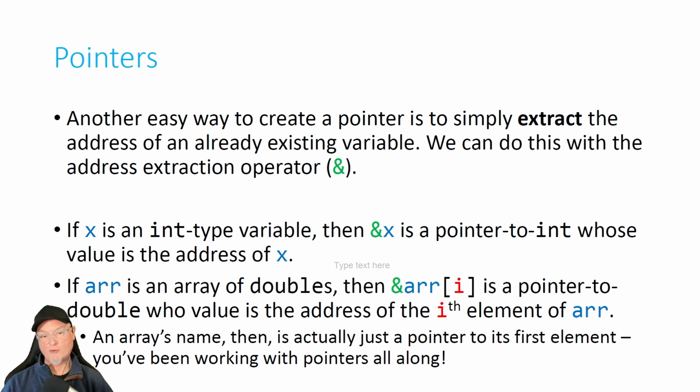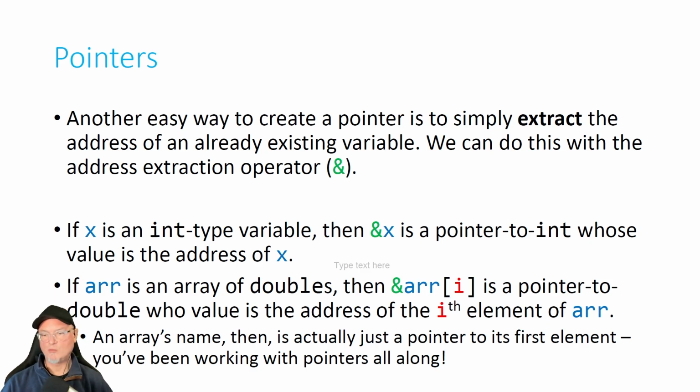Likewise for an array, a special case: if array is an array of doubles, then ampersand array[i] is a pointer to a double whose value is the address of the ith element of array.